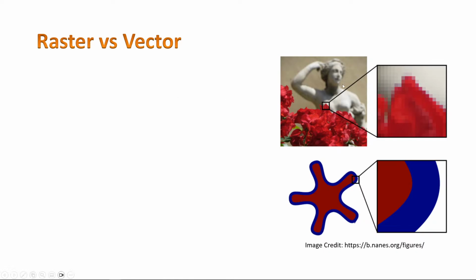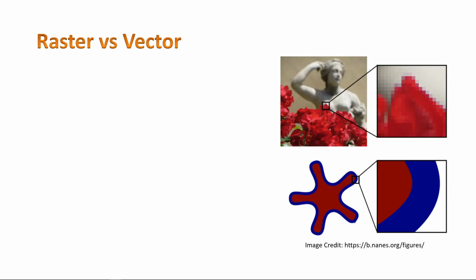Okay, so a raster image is based on pixels. So that's a raster file. The more pixels are in my image, the higher the resolution of this figure will be.